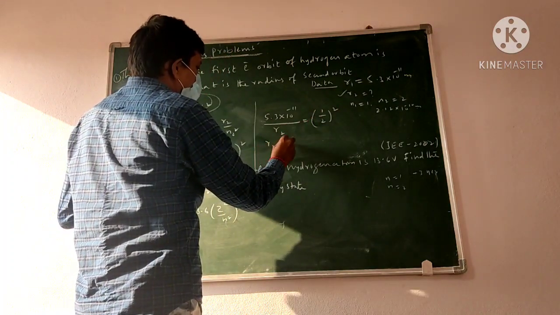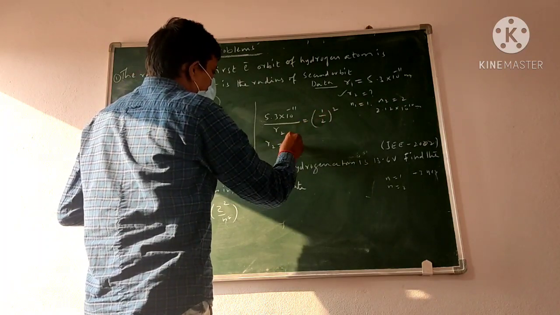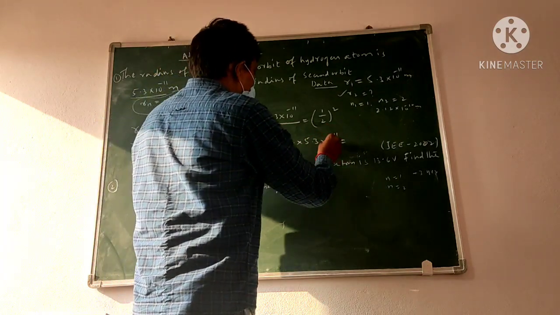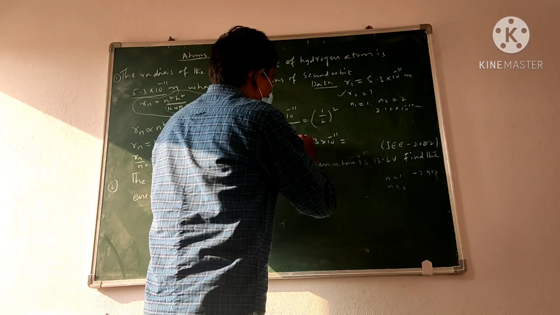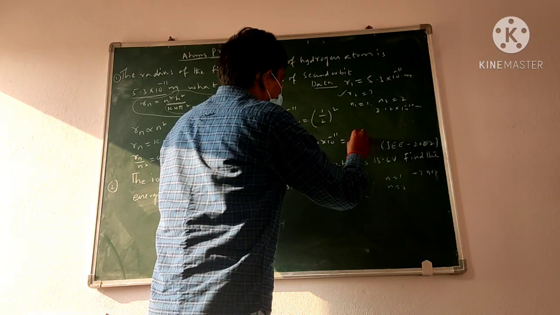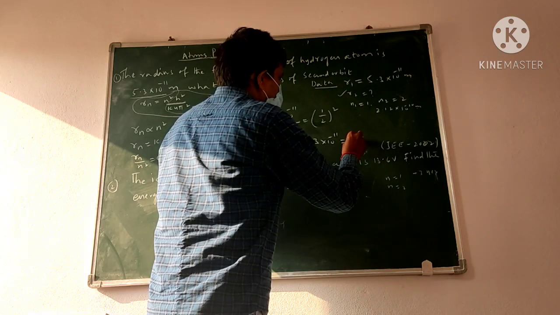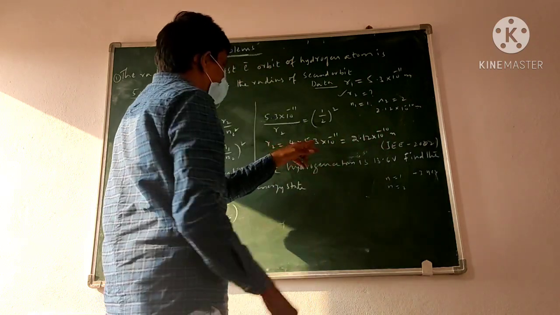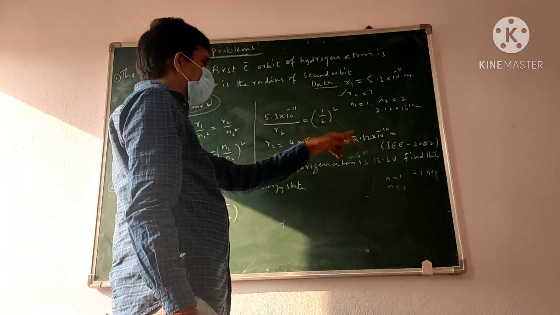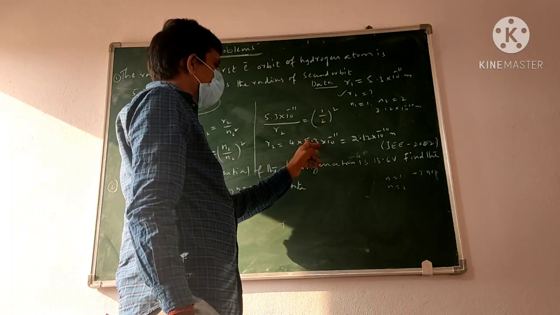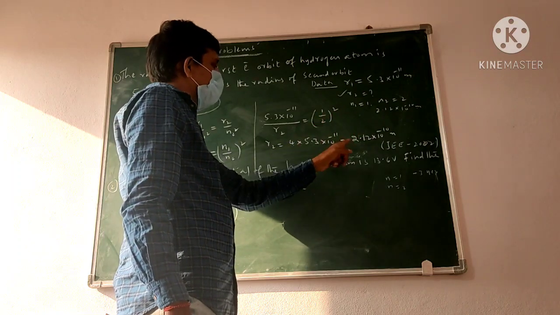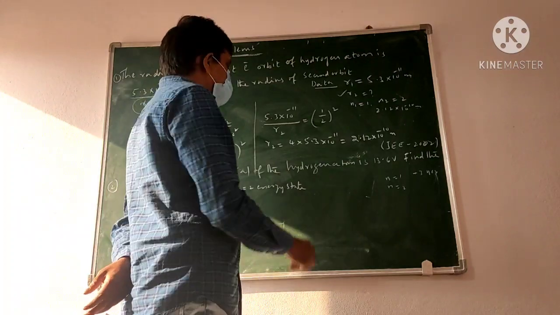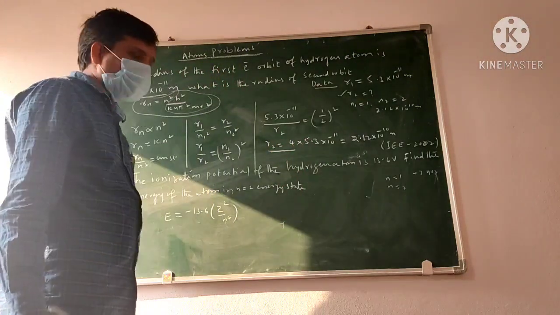So R2 is equal to 4 into 5.3 × 10^-11, that should be equal to 21.2 × 10^-11, or 2.12 × 10^-10 meters. This is the radius of the second orbit.